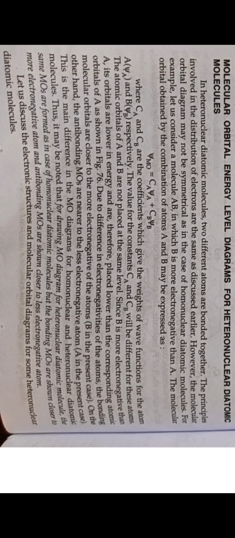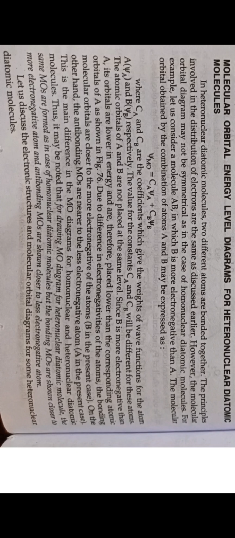The atomic orbitals of A and B are not placed at the same level since B is more electronegative than A. Its orbitals are lower in energy and are therefore placed lower than the corresponding atomic orbitals of A. Due to the difference in the electronegativity of the atoms, the bonding molecular orbitals are closer to the more electronegative atom. On the other hand, the anti-bonding molecular orbitals are nearer to the less electronegative atom. This is the main difference in the molecular orbital diagram for homonuclear and heteronuclear diatomic molecules.